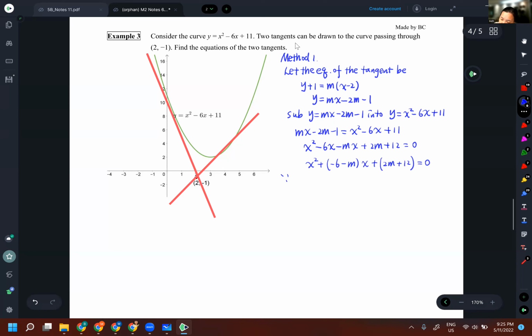Now because the tangent touches the curve at one point, therefore this equation has only one real root.